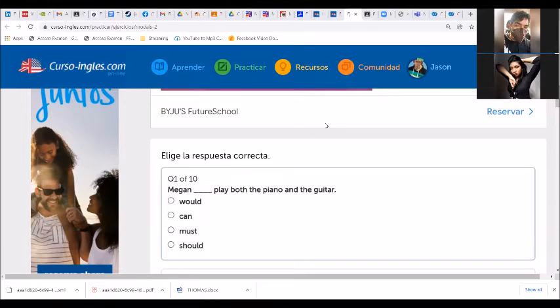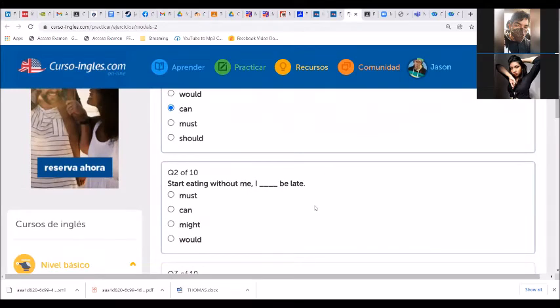What word do we use for abilities? Right? Ella puede tocar tanto el piano que la guitarra. Which one do we use for poder? Can. All right. Okay, teacher. Read it again. Megan can play with the piano and the guitar. Good. All right. Number 2, Brian.